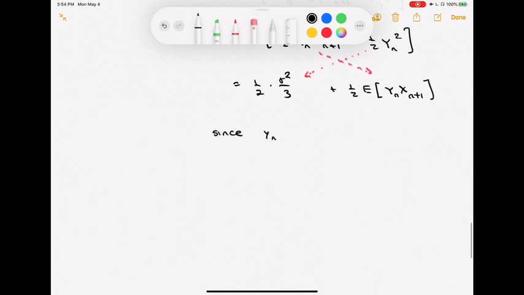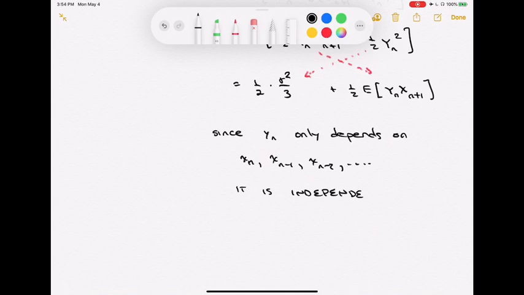Since y of n only depends on xn, xn minus 1, xn minus 2, and so forth, and that sequence of x's is all independent, it must be independent of xn plus 1. Xn plus 1 hasn't come in yet, so it hasn't made up that value of the output sequence y of n. So y of n is independent of that future input x of n plus 1.